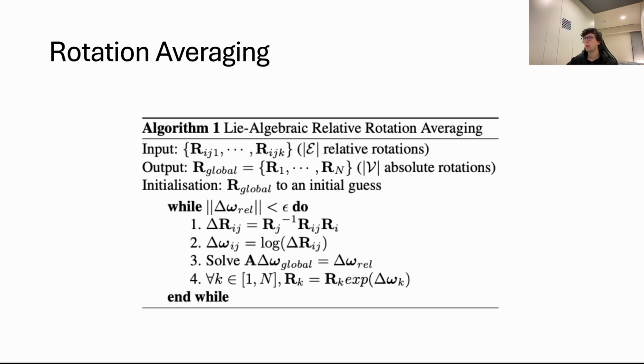And what they do is they make use, of course, of Lie groups and Lie algebra, because it is a very handy way to do computation on rotations in this particular set of geometries.